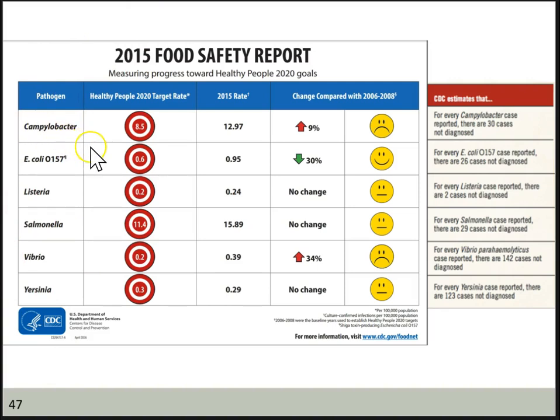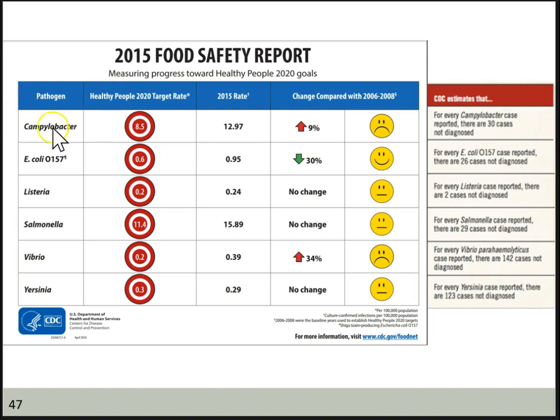Now, we didn't talk about Campylobacter today, but we did talk about E. coli O157. In the past, we've talked about Listeria. We talked about Salmonella and Vibrio today, and in other lectures, we've talked about Yersinia. And so, as you can see, this is the 2015 rate, and for some of these, we've had some increases in incidence.